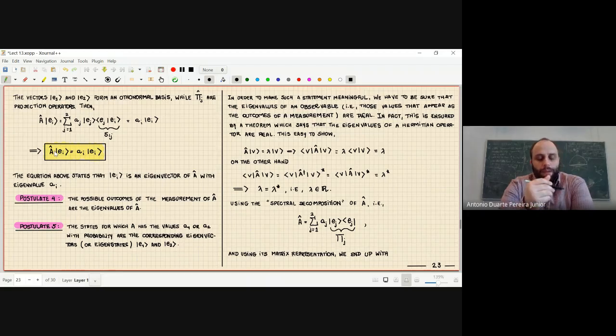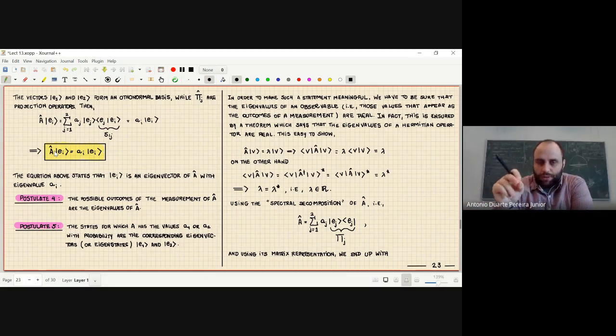So if you define an operator that represents an observable, you can extract just from the operator itself the possible values that you're going to measure in an experiment. If you take an operator and compute the eigenvalues, those are the values that will show up in your detector, in your measurement device.